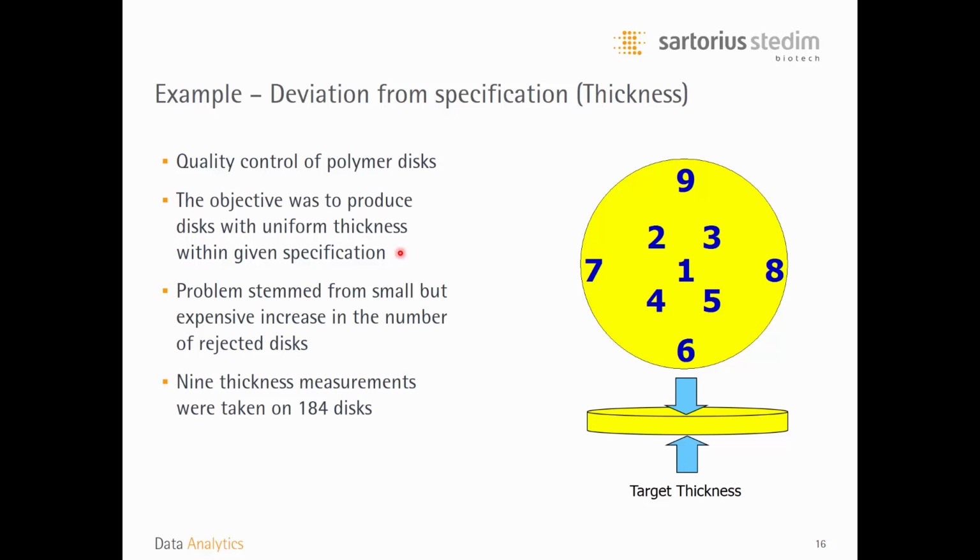So in the data table we are analyzing, from each thickness measurement we have subtracted the specification. So the data table contains data that are corrected for the target thickness. If in the data table you would have a row with only zeros, then you would have a polymer disc with the ideal thickness.